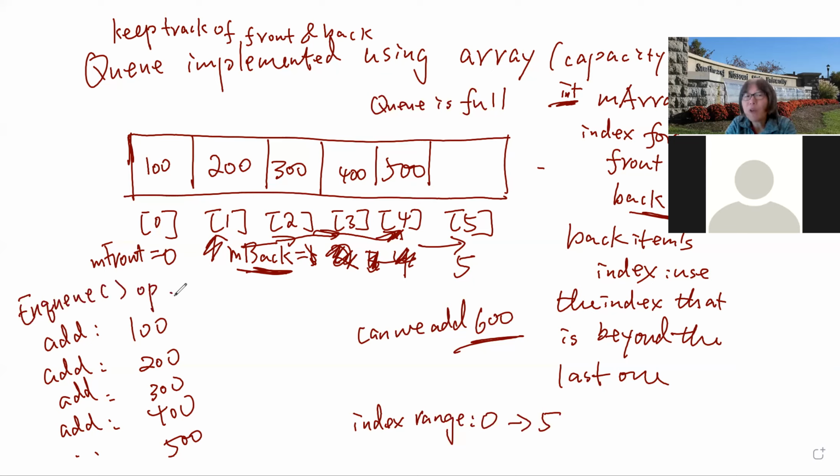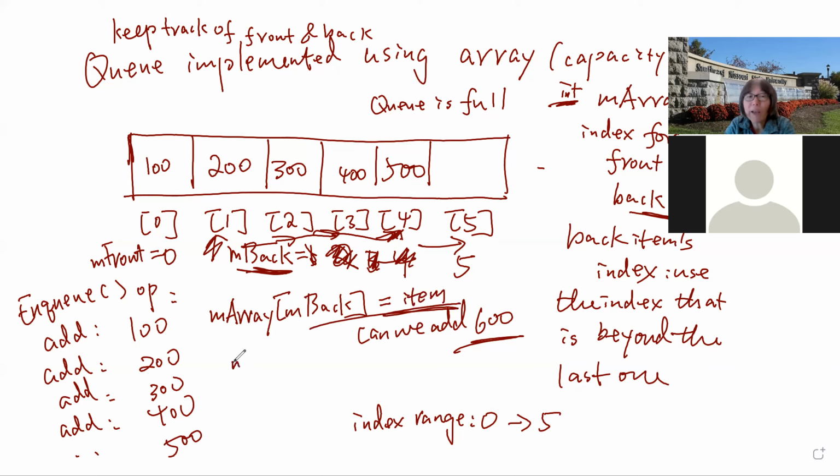For the enqueue operation, what happens is each time we add a new item, that specific slot, array sub m_back, is assigned with some item.